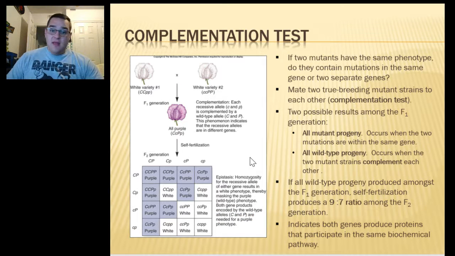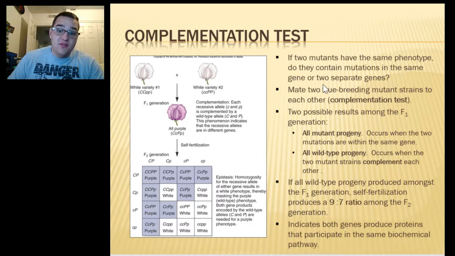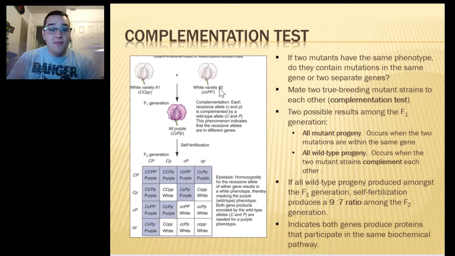And then it talks about complementation tests to see if something's true breeding or not. So if 2 mutants have the same phenotype, they contain mutations in the same gene or 2 separate genes. And so they make 2 true breeding mutant strains to test each other. And so you have this white flower and this white flower. They're both true breeding, and then you mix the 2, and you can see if you end up with all wild type progeny, which occurs when 2 mutant strains complement each other.